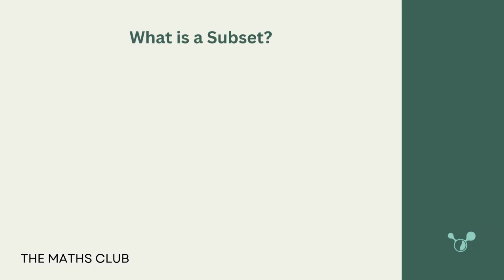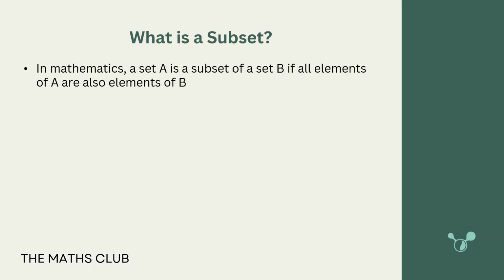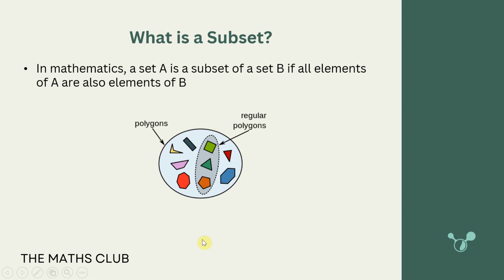Now, what is a subset? In mathematics, a set A is a subset of a set B if all elements of A are also elements of B. Let's say this big circle outside is our set B, and then this sphere, it looks spherical, I don't know, is our set A. Do you agree with me that in this set B, everything that is in set A, which is this smaller guy, is inside set B?